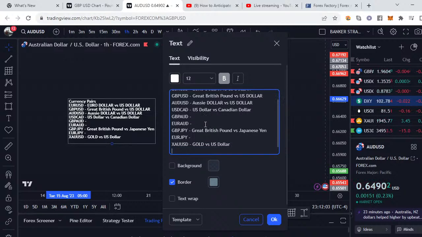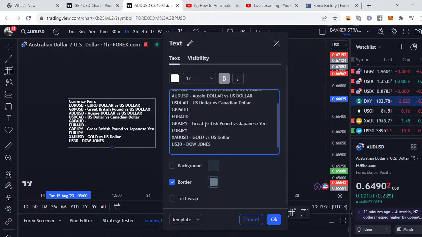And then you have the indexes. So the indices are US 30. You guys see me trade this a lot of times. This is the Dow Jones. You have US 100, which is known as NAS 100, which is the NASDAQ.